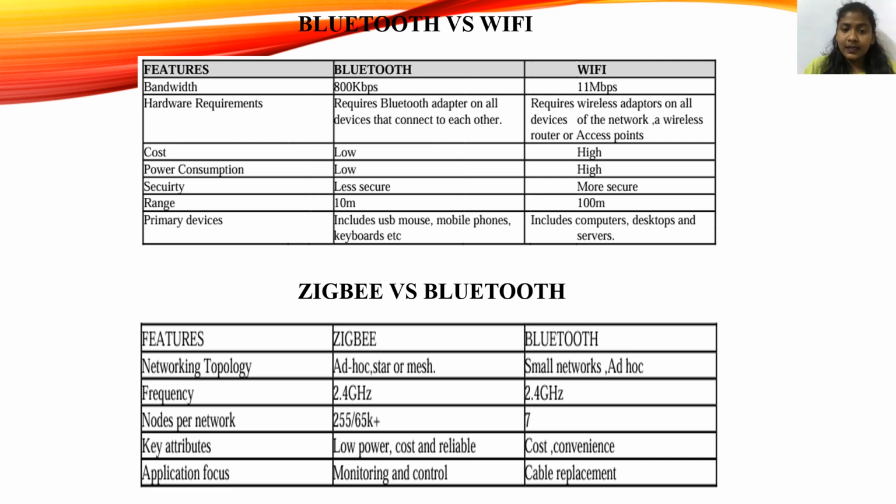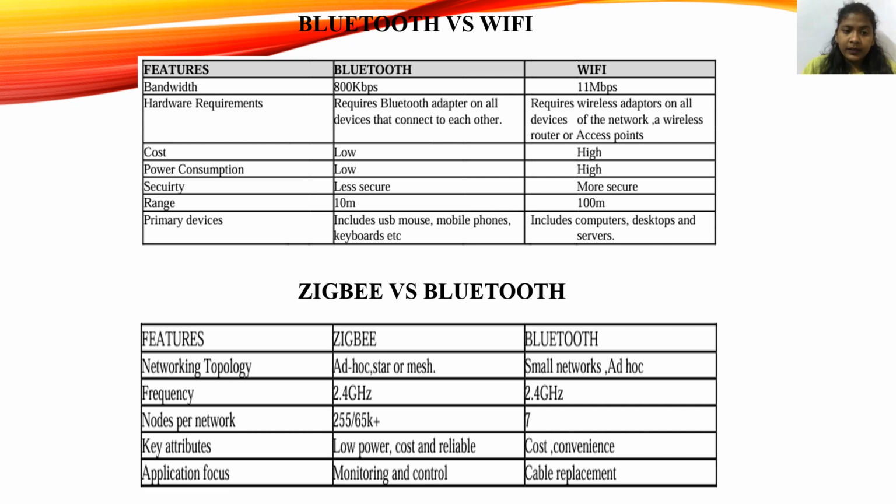And the difference between Zigbee and Bluetooth can be referred to as follows. According to the network topology, Zigbee has ad hoc, star, or mesh, and in Bluetooth, small networks like ad hoc. Frequency: Zigbee ranges from 2.4 gigahertz, and in Bluetooth, it ranges from 2.4 gigahertz.